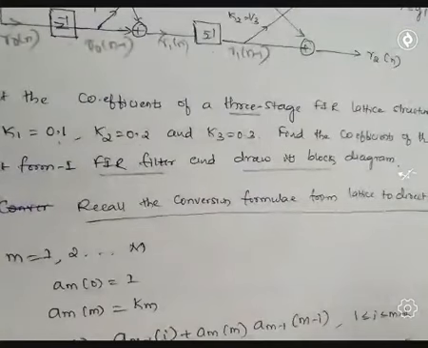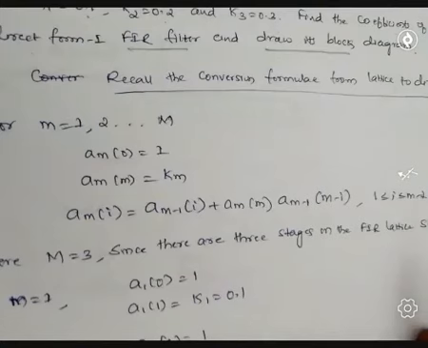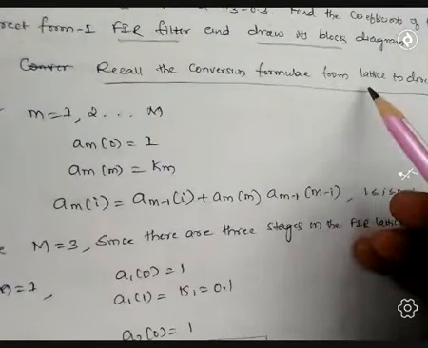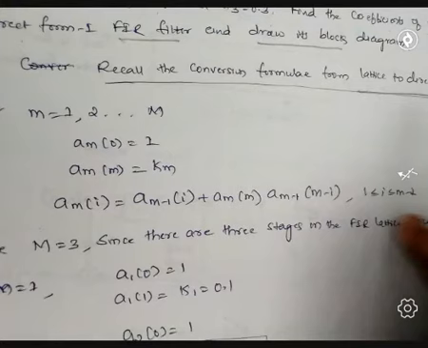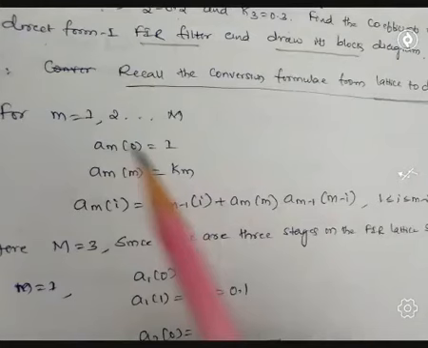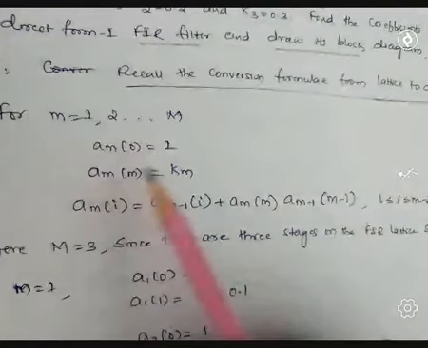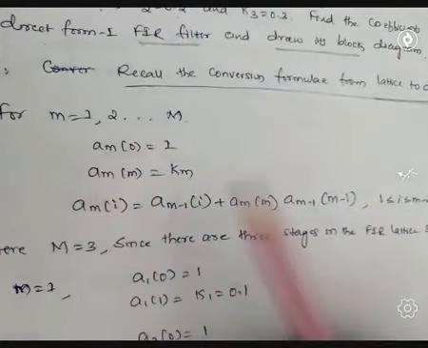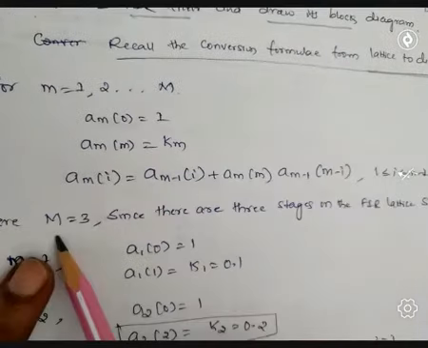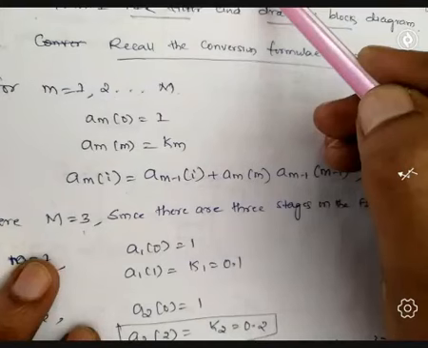So make use of the formula for the reverse conversion, that is conversion from lattice structure to direct form. For that, the formula is for m in ascending order, 1, 2, 3, so on up to M. These are the general formulas we are making use of here. M equal to 3 because it is a three stage structure, meaning the order of the filter is 3.